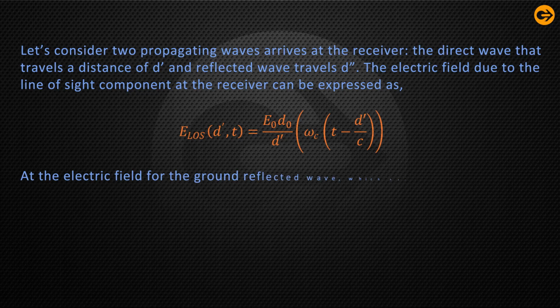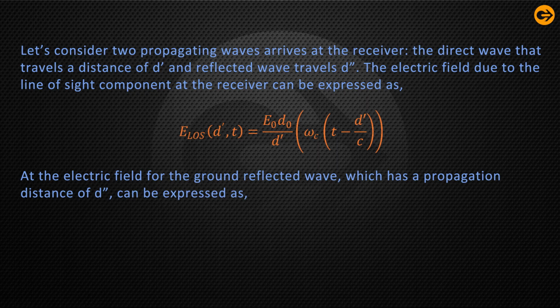The electric field for the ground reflected wave, which has the propagation distance of D'', can be expressed as Eg(d'',t) = Γ E0 D0/D'' × cos(ωc(t − d''/c)).